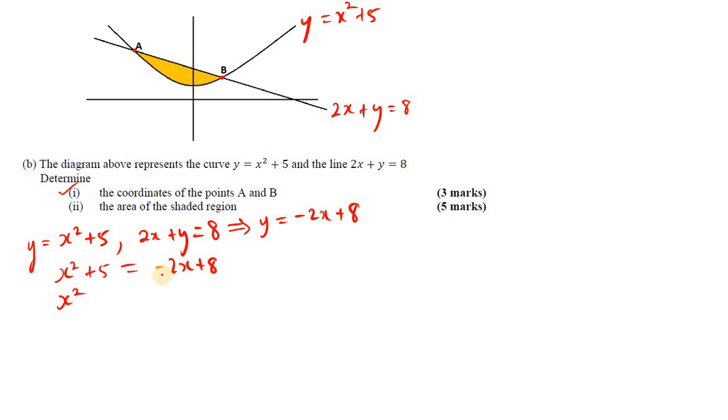So I'm going to add 2x to both sides. In other words, I want to remove this minus 2x, and it should be plus 2x on this side. Oh, wait a second. I want to remove this positive 8, so I subtract 8 from both sides. Alright, put back the plus 5, that's equal to 0.